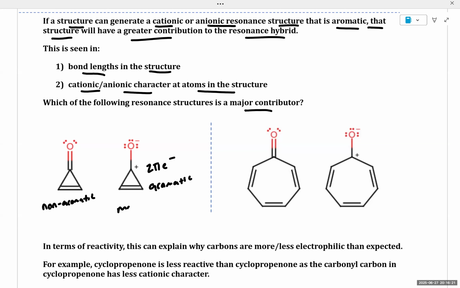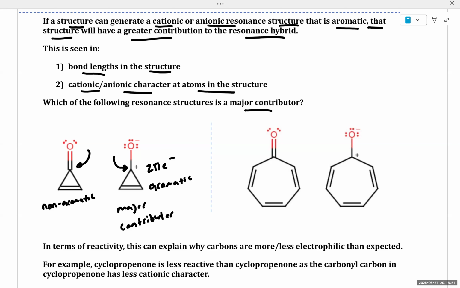This resonance structure is a major contributor. So what this means is if we look at this carbon, it is going to have a large amount of cationic character, much more than usual, because this resonance contributor is a major contributor. Why? Because this resonance contributor is aromatic.